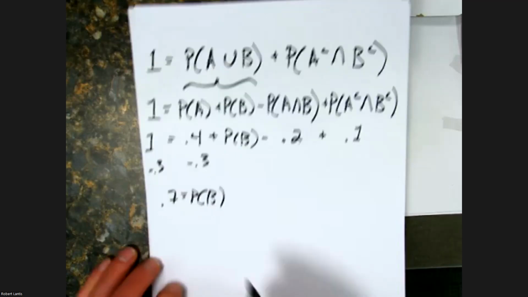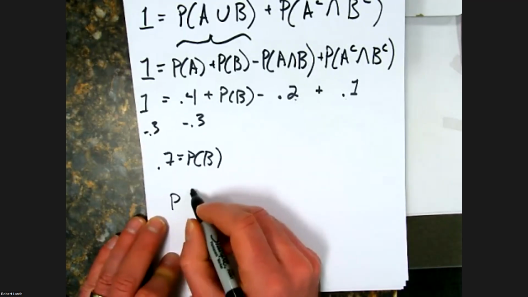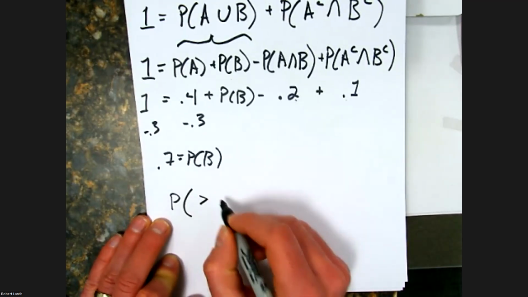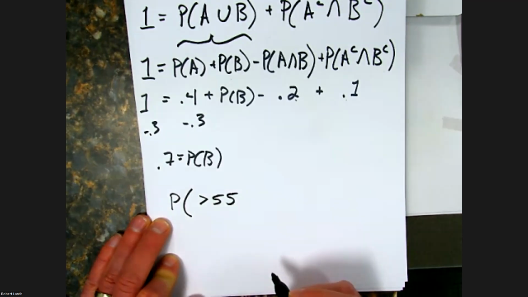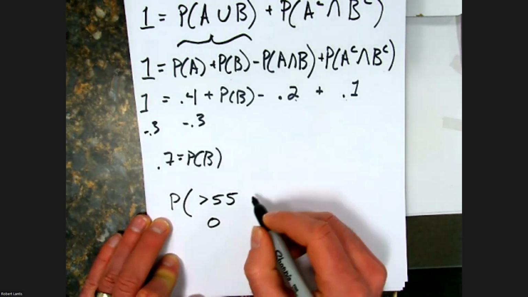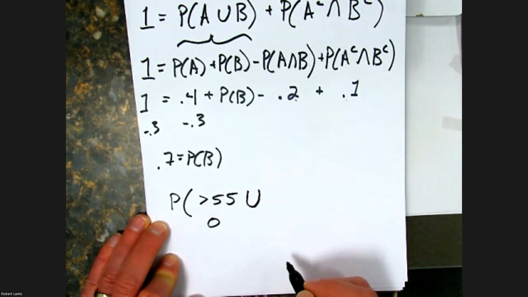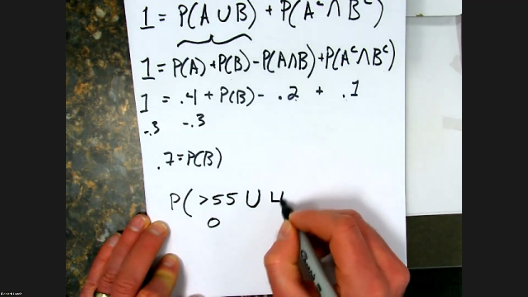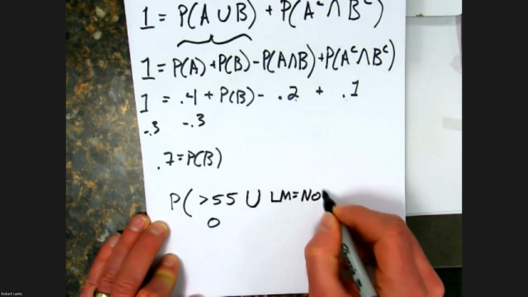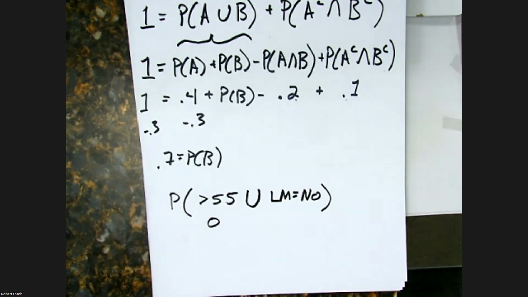So what I'm thinking about there is the probability that someone's older than 55, I think I was calling this event O, and then the union, or they don't want marijuana legalized. So legalized marijuana equals no. Just use that as my shorthand.